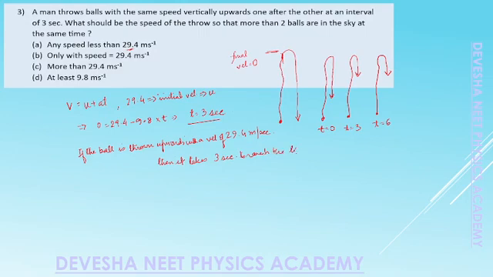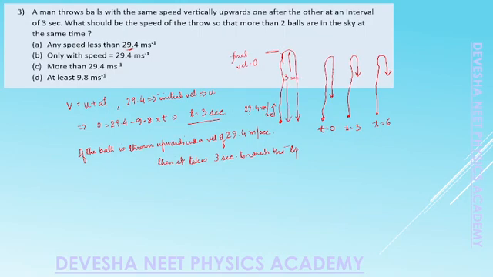Correct? So if I'm throwing with 29.4 meters per second, then it takes 3 seconds, right? That is what we saw. It takes 3 seconds to reach the top.